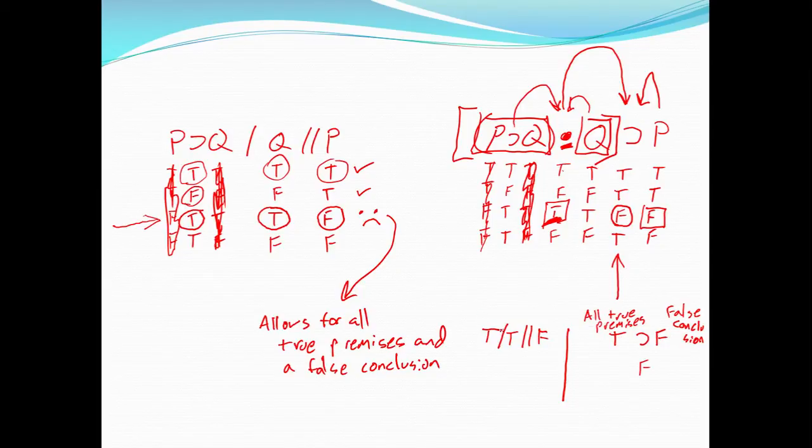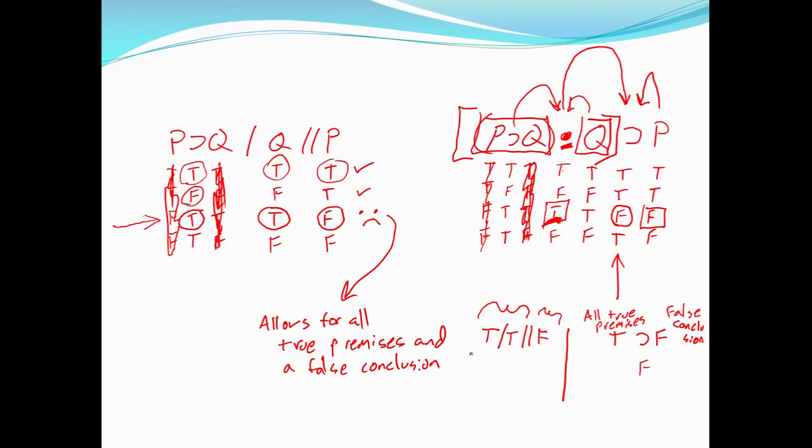In order for an argument to be invalid, you have to have all true premises. Well, that's just the same thing as saying that antecedent is true and a false conclusion. And that's the same thing as saying that consequent is false.